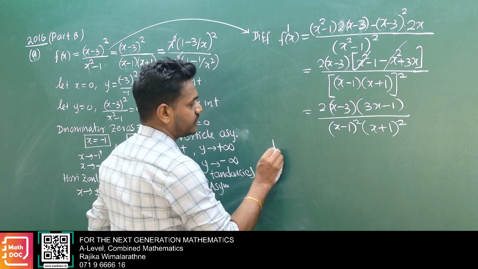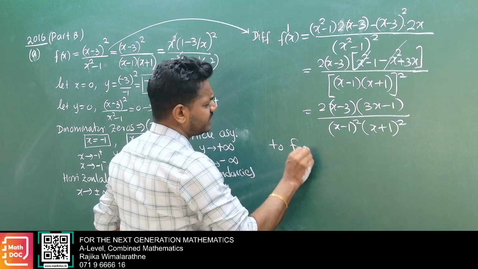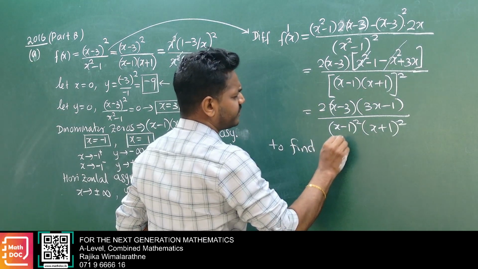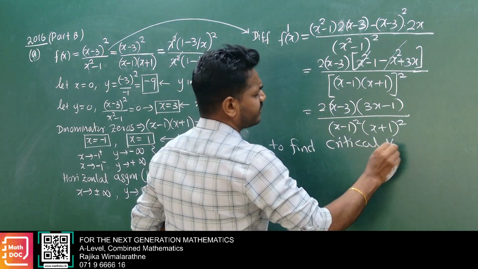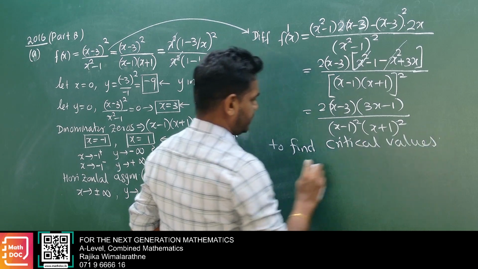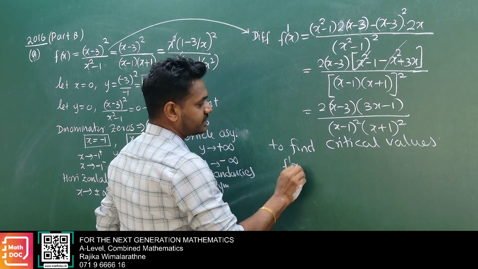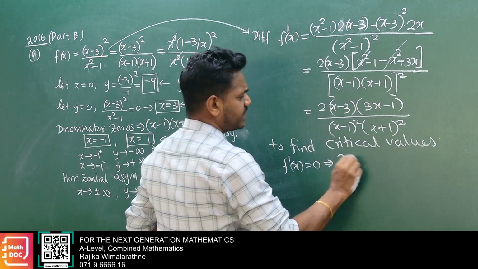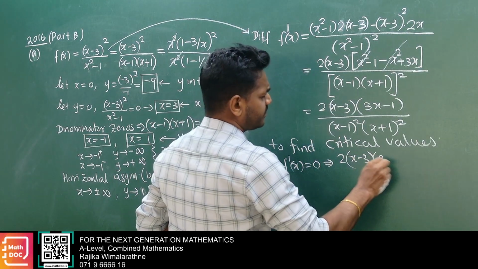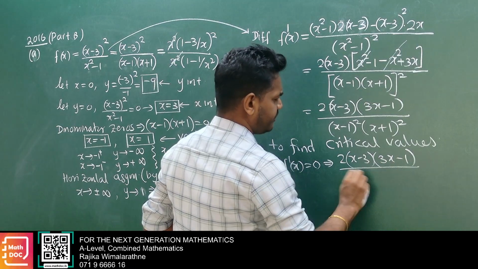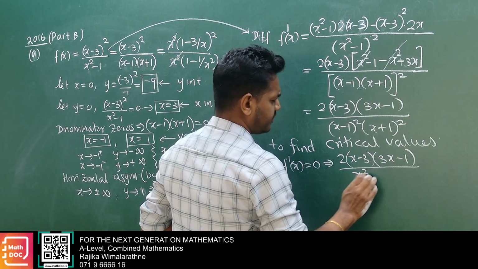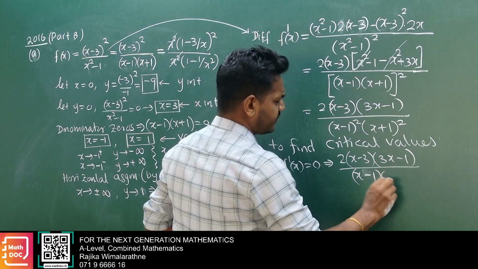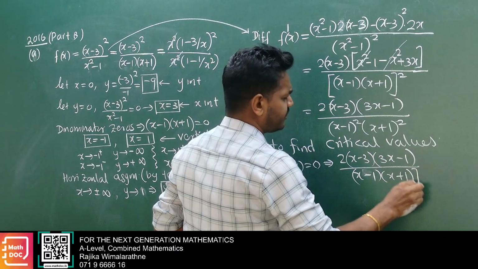Then to find critical values, solve f dash x equals 0. So 2 times (x minus 3)(3x minus 1) over ((x minus 1)(x plus 1)) squared equals 0.